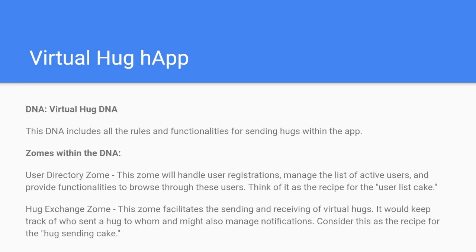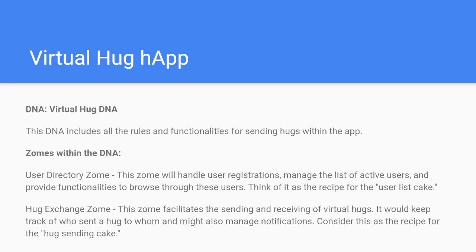Okay, sounds good. So my idea was to make a virtual hug app. You would be a user on your phone, and it'd be a simple app where you just send a hug to someone else who's using the virtual hug app.